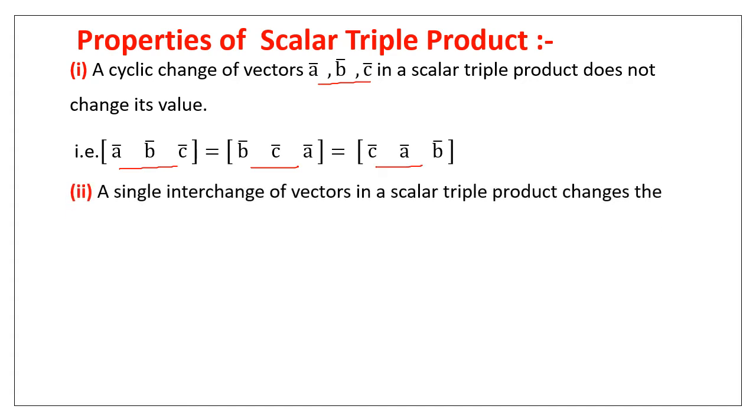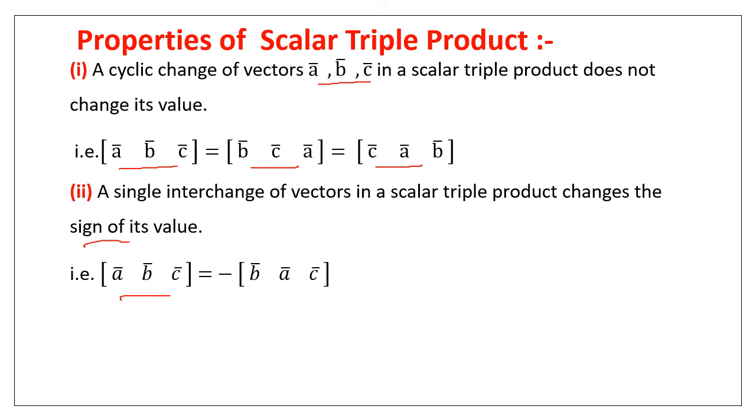A single interchange of vector in scalar triple product changes the sign of its value. That is, box product of a bar, b bar, c bar equals to minus of box product b bar, a bar, c bar equals to minus of box product c bar, b bar, a bar equal to minus of box product a bar, c bar, b bar.